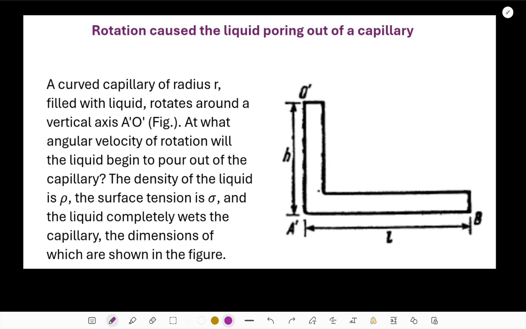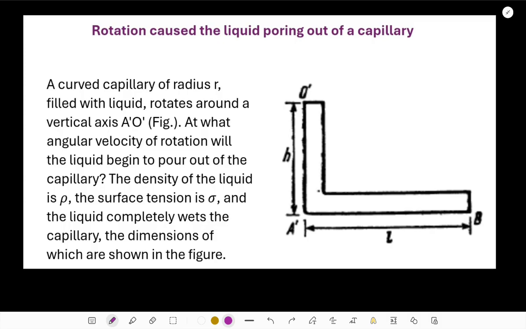And the next thing is the liquid completely wets the capillary. That means we are going to see some meniscus forming, and the shape of the meniscus should be hemispherical because this liquid completely wets the capillary.